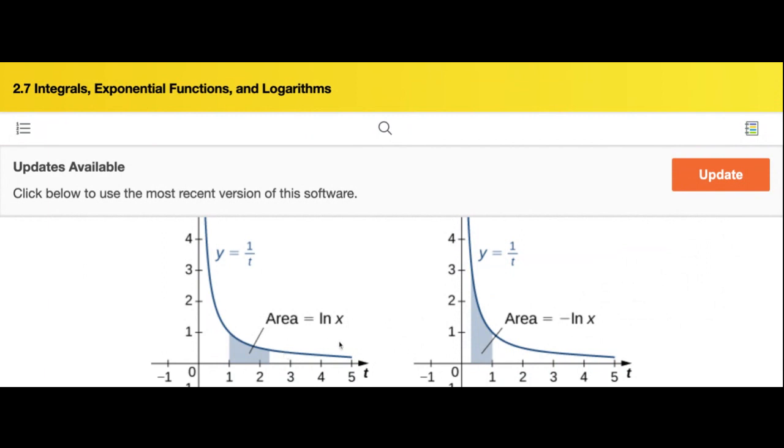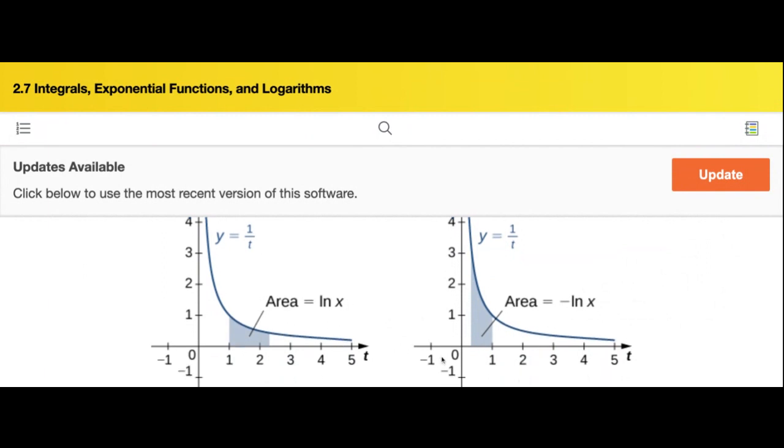Okay, it's just ln x. From 1 to a smaller x value, or from 1 to a value bigger than 1, from 1 to the right, then we have ln x.